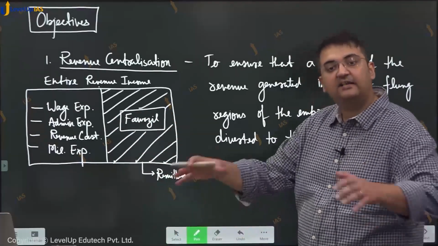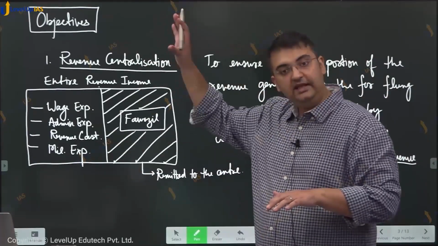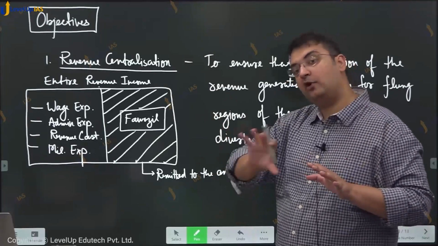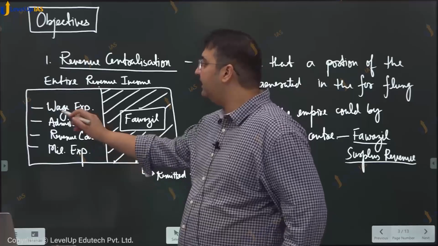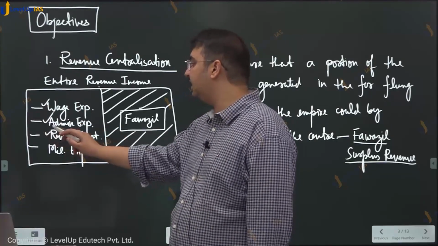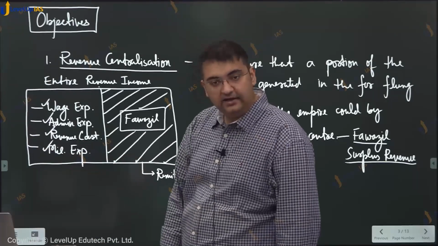The entire revenue being generated at the center is now going to be sent to the imperial treasury as soon as it was collected, and from there money is going to be sent to the provinces to take care of these expenses such as wage expenditure, administrative expenditure, the cost of revenue administration, मिलिट्री कॉस्ट एक्सेट्रा.